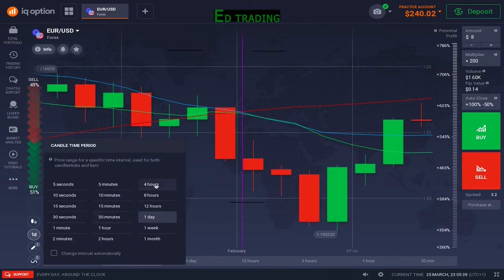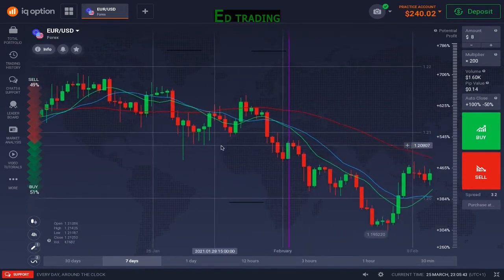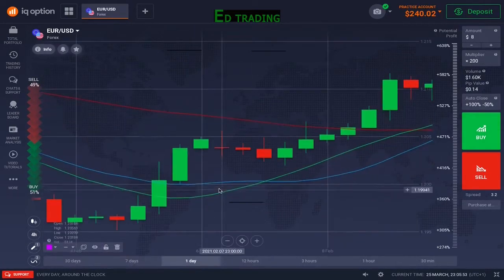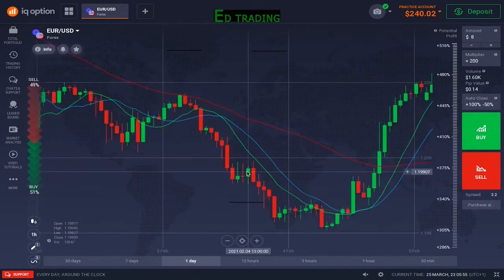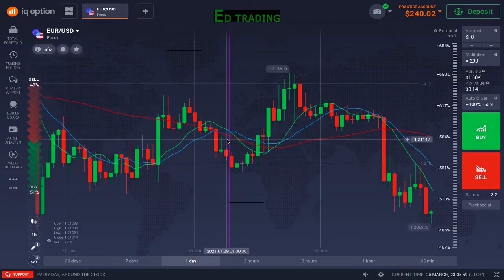So you go to 4 hours chart, you see the cross here, then you go to 1 hour chart, you see the cross here.